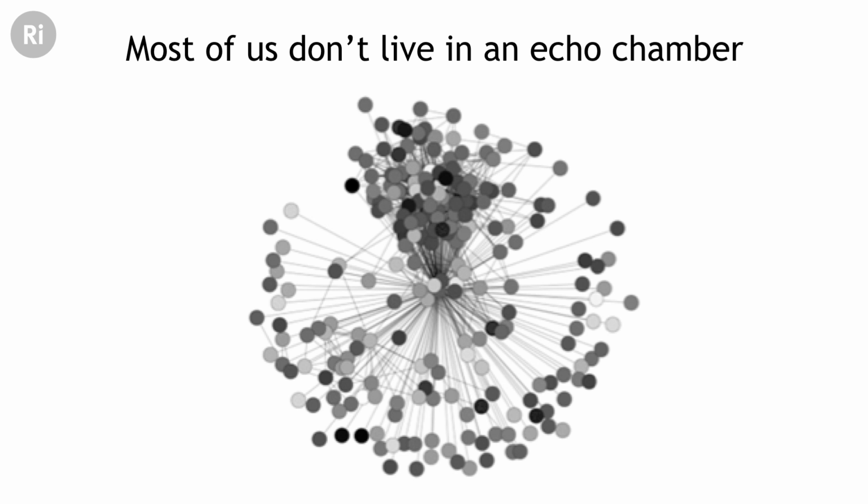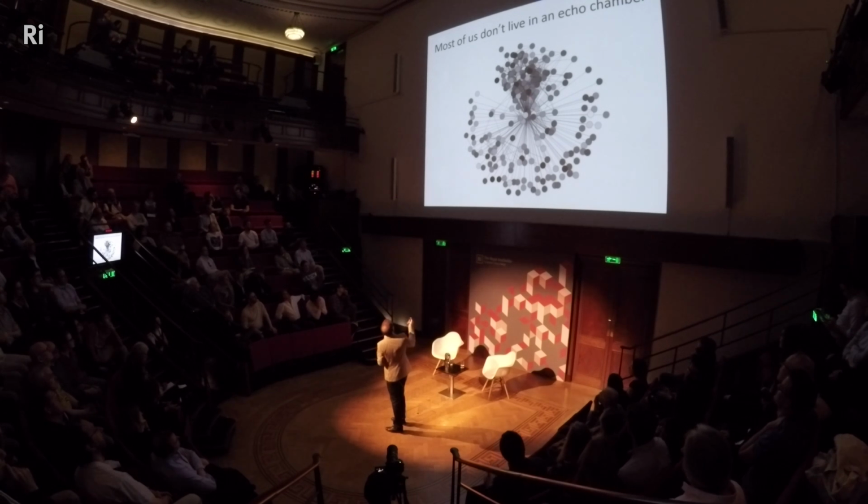And what the coloring shows is if they were closer to following a pro-Brexit newspaper or a pro-Remain newspaper. So darker people were more pro-Remain, and whiter people were more pro-Brexit. Now up here, this is an echo chamber.